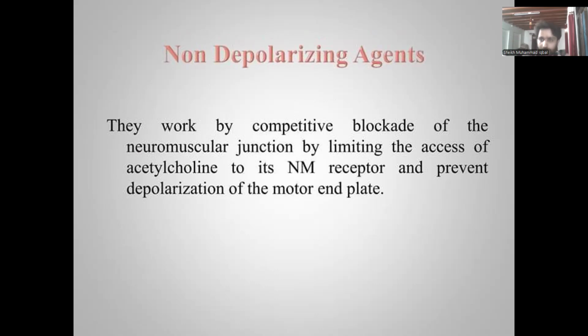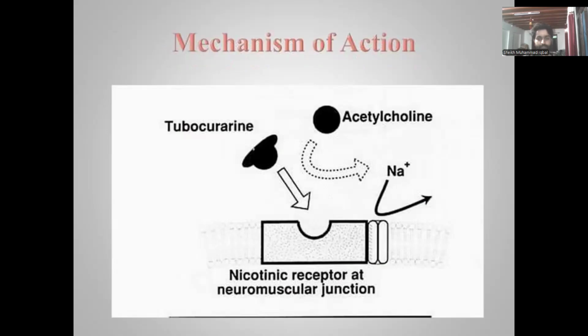Collectively, we can say that this neuromuscular blocker has affinity towards the receptor the same as that of the neurotransmitter, but with an efficacy of 0. So it competes with the natural neurotransmitter, in this case acetylcholine. It prevents its binding to the neuromuscular receptor and the subsequent depolarization of the motor end plate.